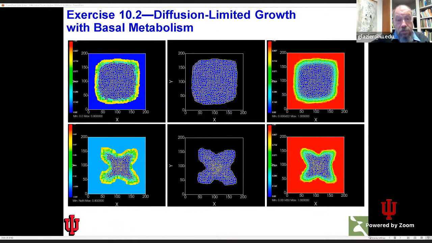I do want to get to chemotaxis. There's a lot one can explore in this problem, so I don't want to shortchange it, but I also want to make sure we get some chemotaxis work done today. So let's meet back here at 7:05.